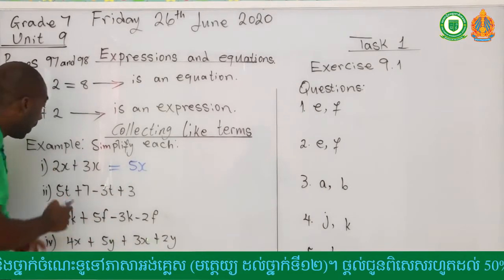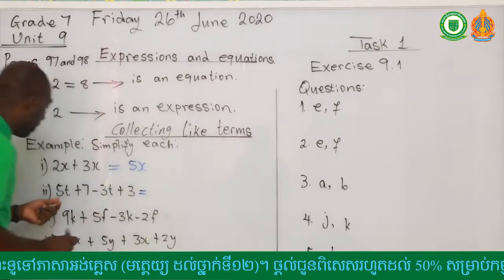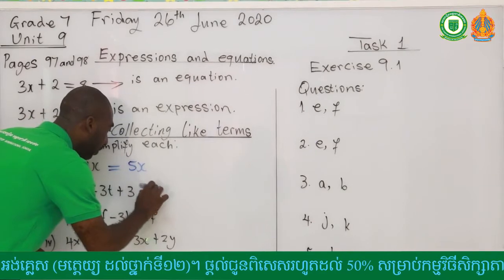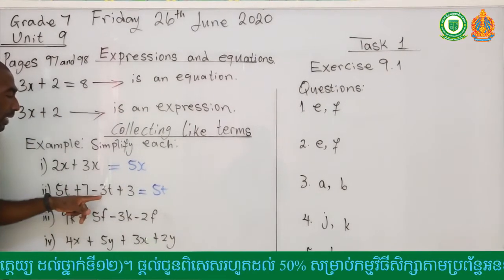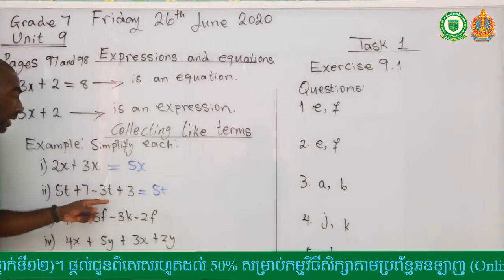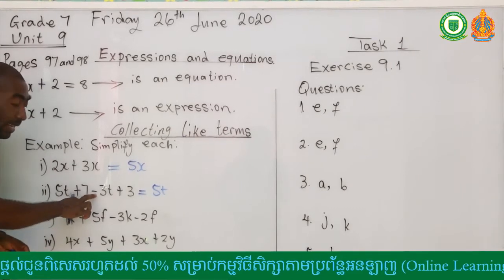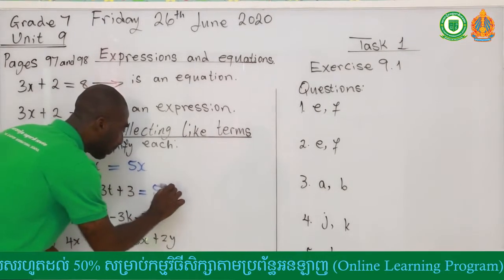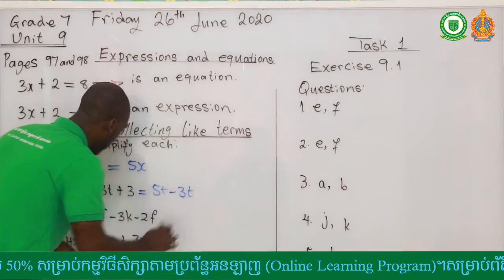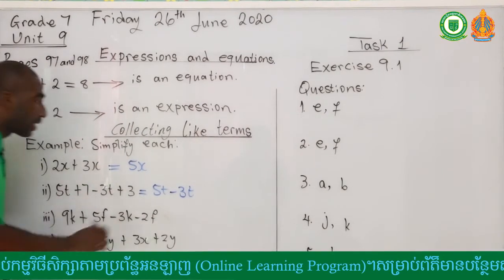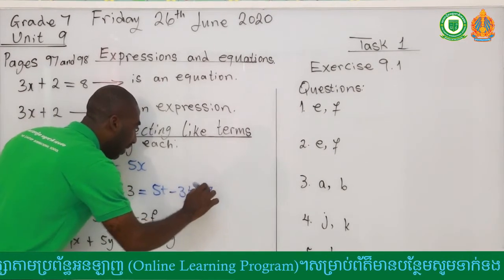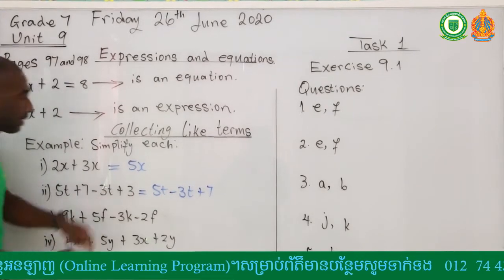We have to group them. So when we group them, we first take our 5t. The next variable that carries t is 3, but 3 is coming with minus. So it becomes minus 3t. Then 7 is plus, okay? So we have our 7 and then plus 3.